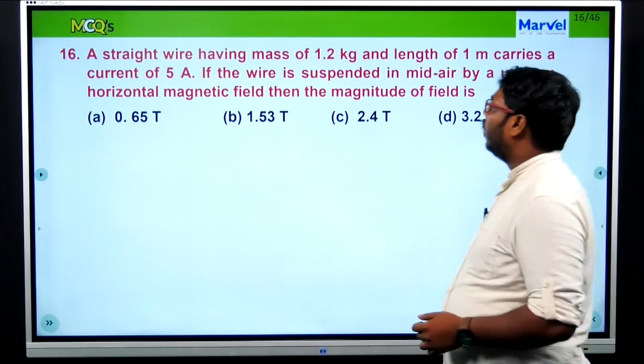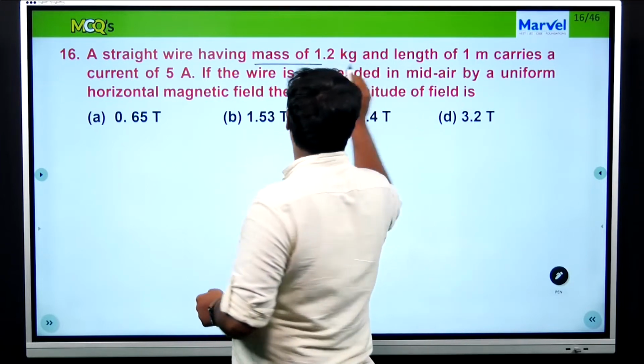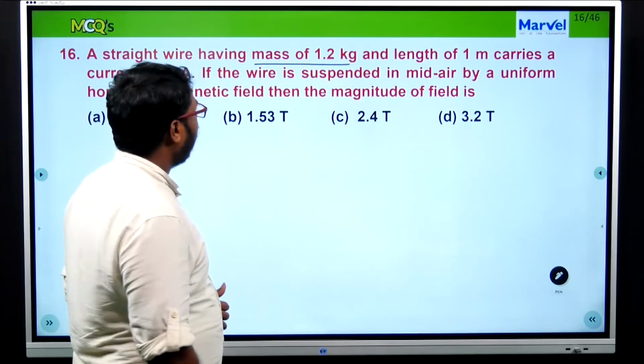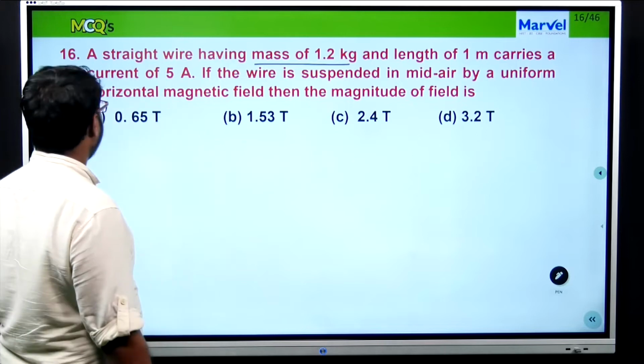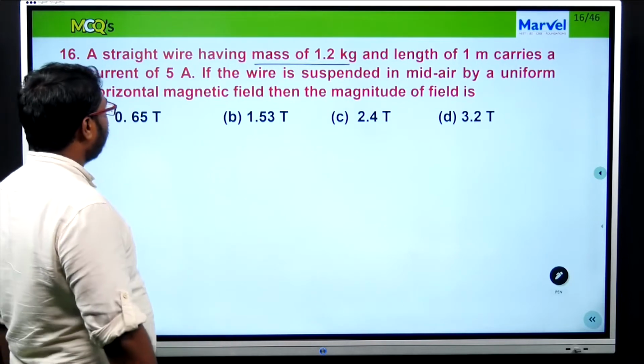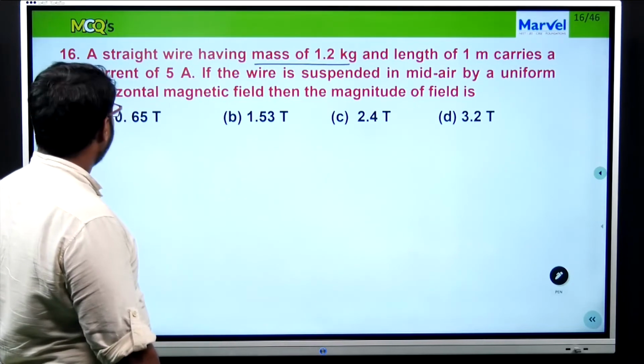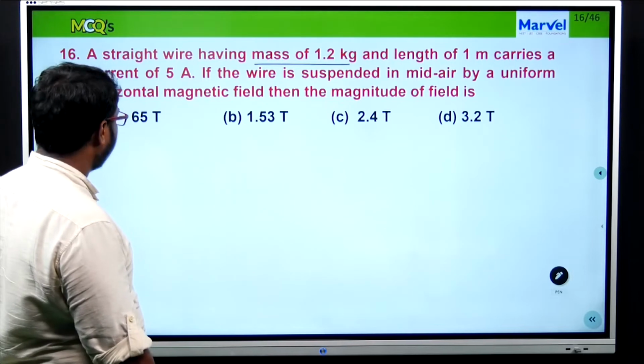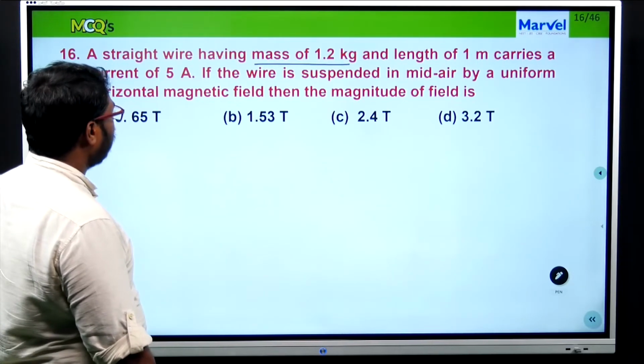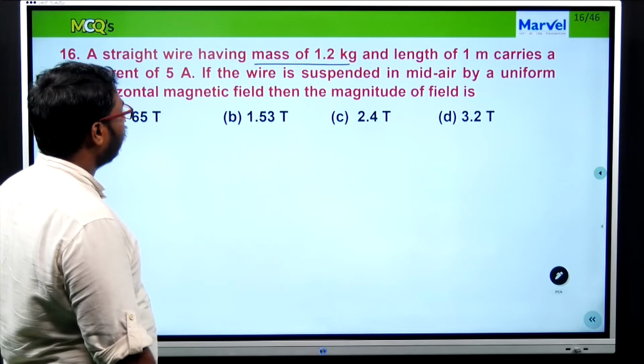A straight wire is having a mass of 0.1 kilogram and a length of 1 meter carrying a current of 5 amperes. If the wire is suspended in mid-air by a uniform horizontal magnetic field, then what is the magnitude of the field?